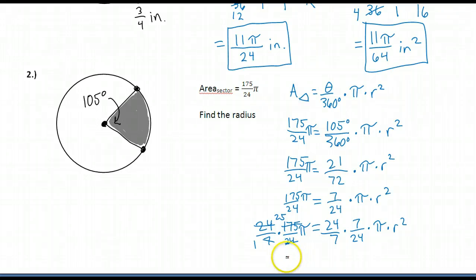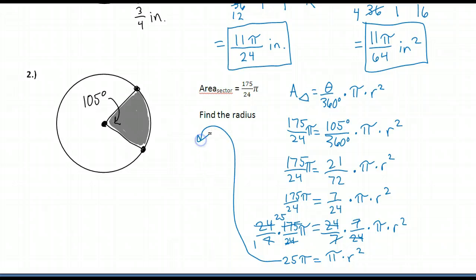So I'm left with 25 pi equals pi times r squared. I'm going to move this problem and finish it right here, give myself some more room. 25 pi equals pi times r squared.